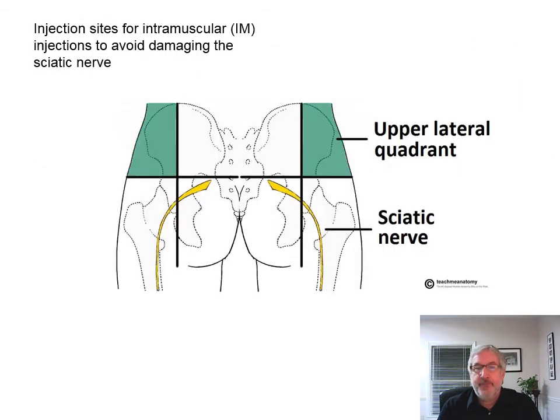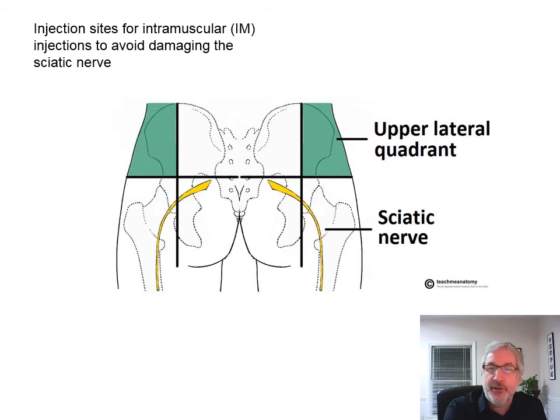Okay. So one of the things that you want to know is, in part, what's the big deal about all this? Well, if you want to give an intramuscular injection, you want to try to avoid all the nerves that are coming out. One of the big nerves that's easy to hit is the sciatic nerve.